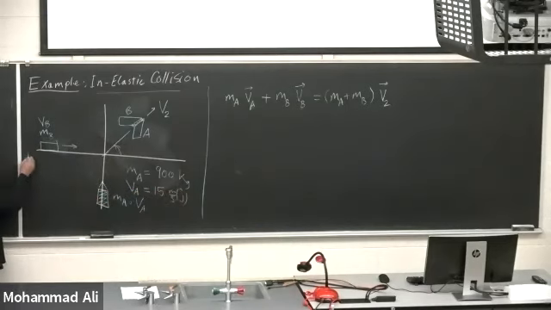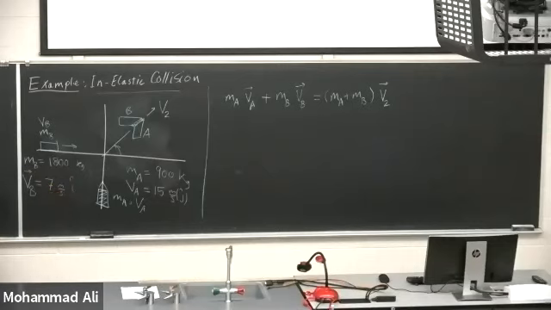And MB is equal to 1800 kilograms, it's a bigger car, and its velocity VB in the I direction is just 7 meters per second.